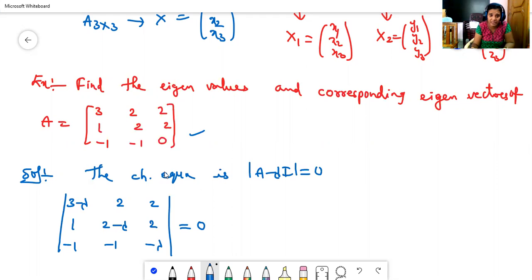Most of the students here see 0 and leave it as 0, then you get the wrong answer. So we have to remember that from the diagonal elements lambda is subtracted.